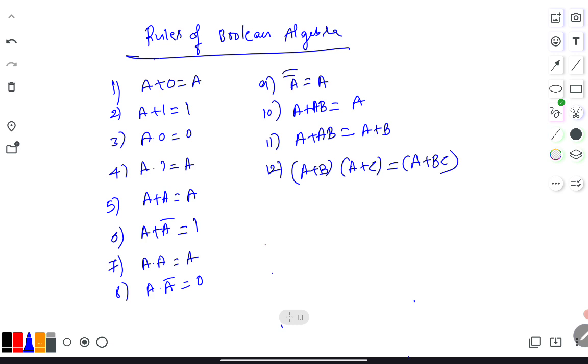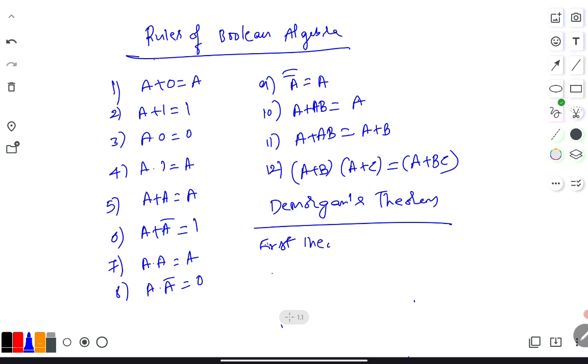Next, very important, last, De Morgan's theorem. First theorem: A plus B whole bar is equal to A bar dot B bar.